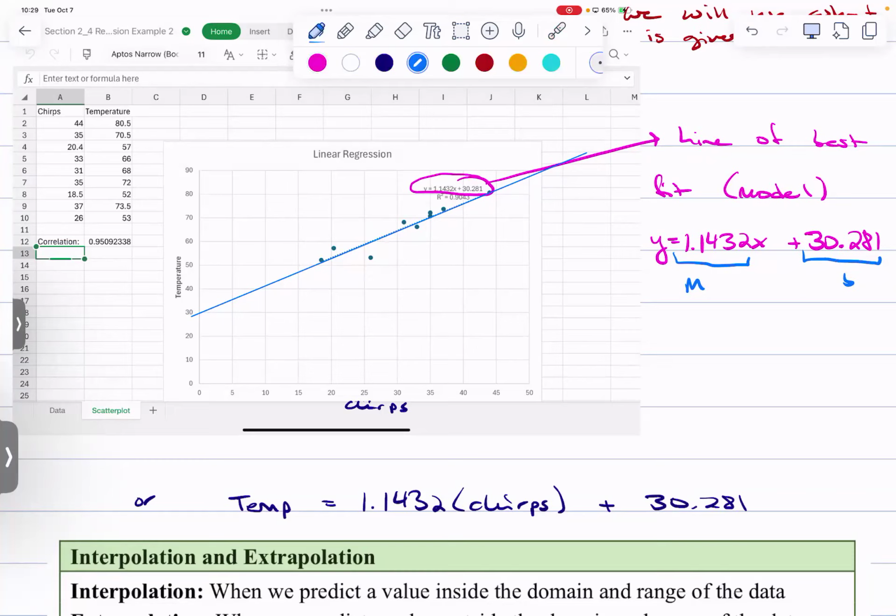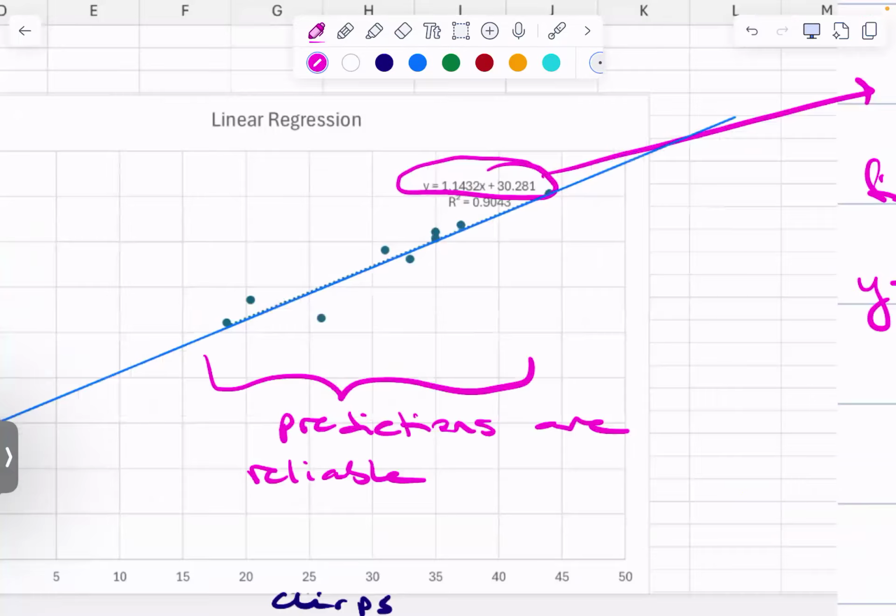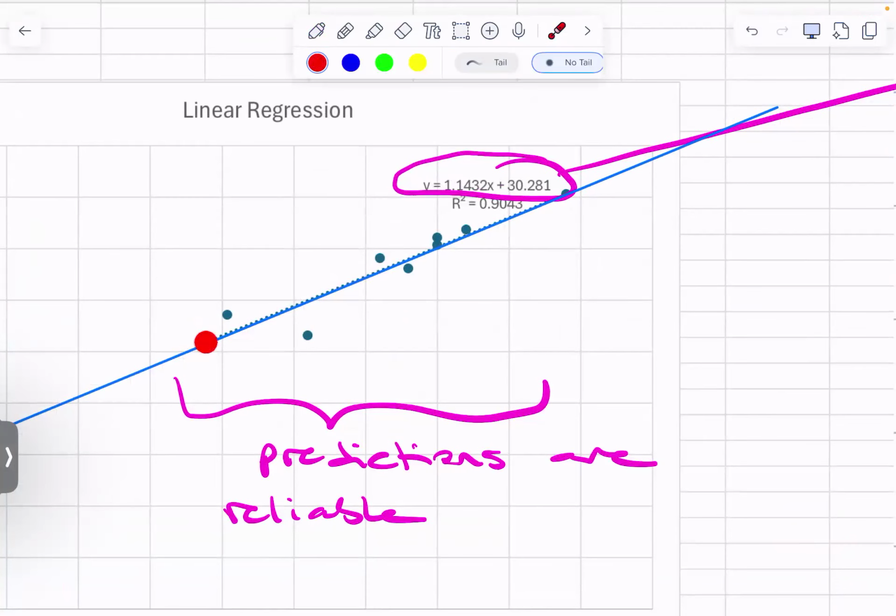And so what we're going to say is that our predictions are reliable for X in the domain. And we know how to find the domain. Here I've got a graph, and the domain is the values of X that are in my data.